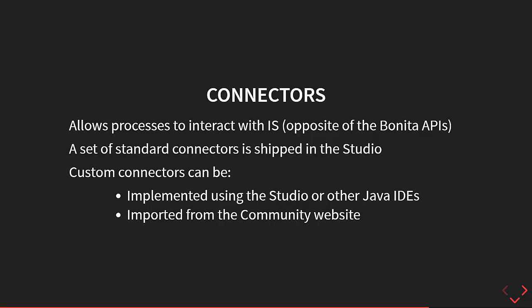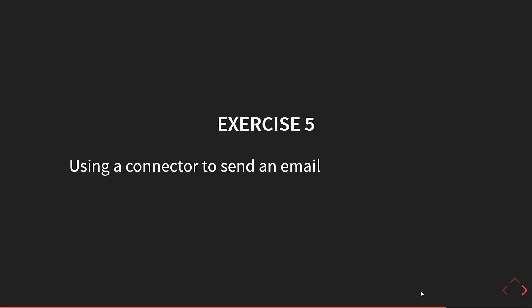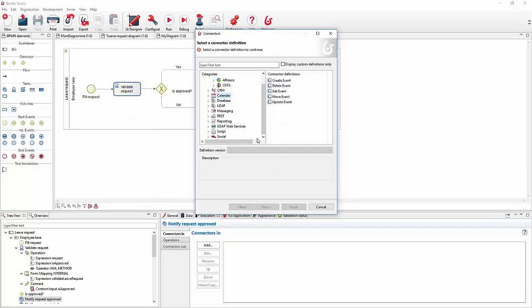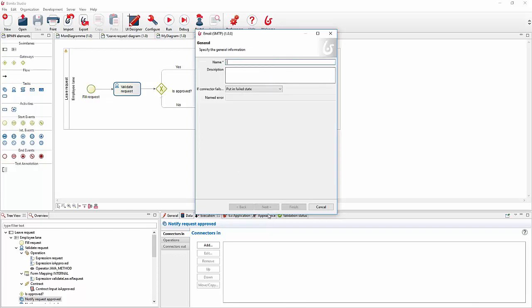In the next exercise, we'll configure the email connector to send the notification. In this exercise, we use a local SMTP server, so a local mail server. This is just to prevent any trouble in the configuration based on the different configurations you might all have. But just to let you know, for the email connector we can of course use any standard mail server.